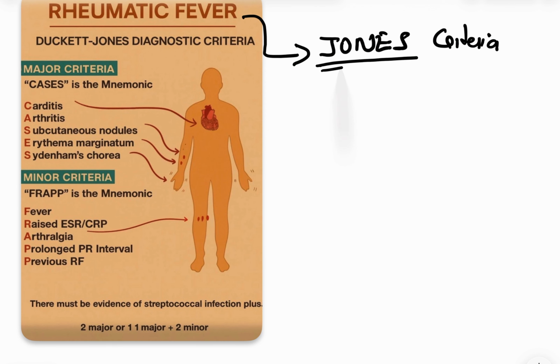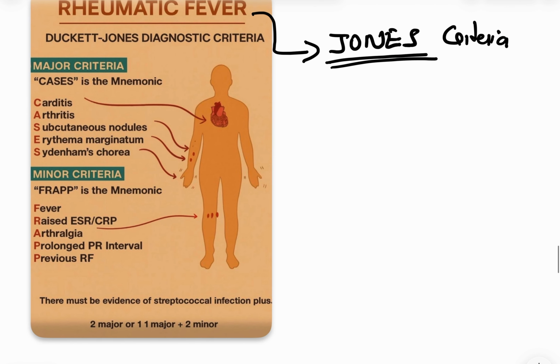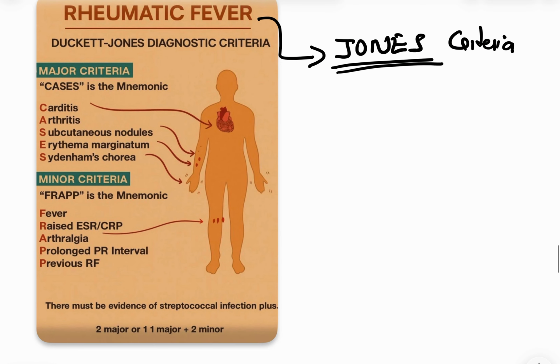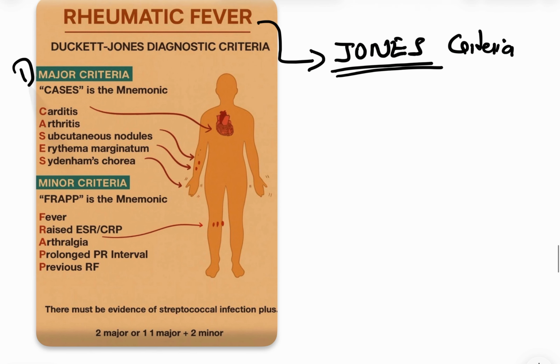Remember the Jones criteria. Just like the Duke's criteria, the Jones criteria also has major criteria and minor criteria. The mnemonic is CASES. C for carditis. We all know what carditis is, the inflammation of the heart. Arthritis, inflammation of the joint.